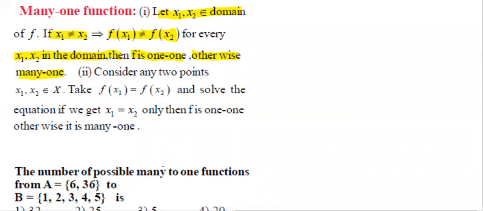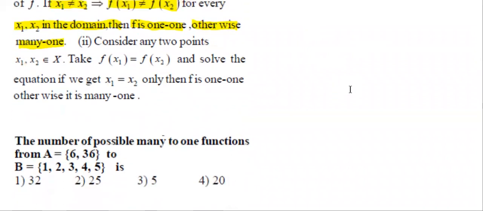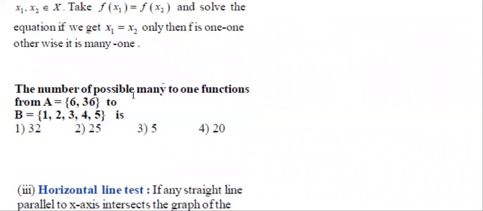Now we are going to discuss one more problem. One-one is the opposite of many-one; onto is the opposite of into. Still now we didn't discuss onto. Okay, see here.